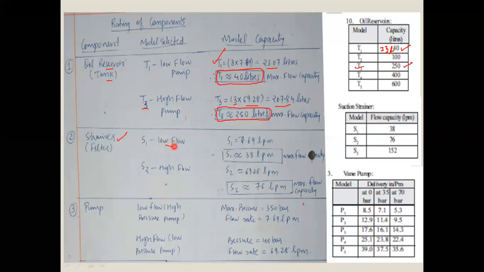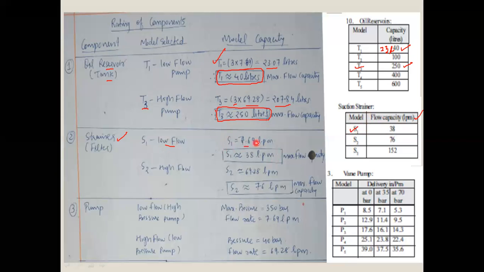Next comes the strainer, first for the low flow. For the strainer, model and flow capacity are given, and the flow capacity is in liters per minute. The flow rate is 7.69 liters per minute, so see where 7.69 comes. It comes under 38, so I will directly select S1.